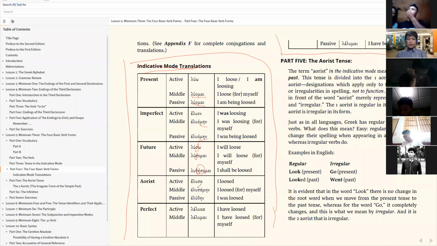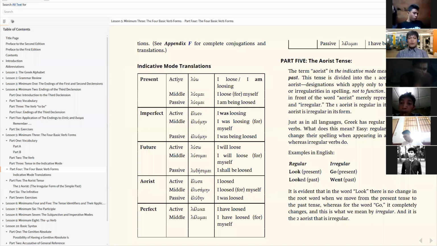For the aorist, there's a difference between the future and the aorist, because the aorist is the past, and it has an augment. For the perfect, you have an augment, but there is also a doubling of the first letter of the verb.